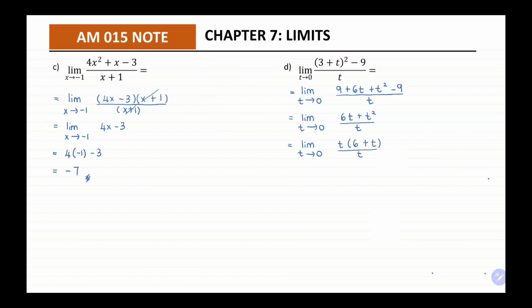Then we cancel out t, so we get limit t approaches 0 of 6 plus t. Then we substitute t equals 0, so we get 6 plus 0, so equals 6. Then the answer is 6. Okay, as long as you don't substitute the value of t into the function, don't drop the word limit.